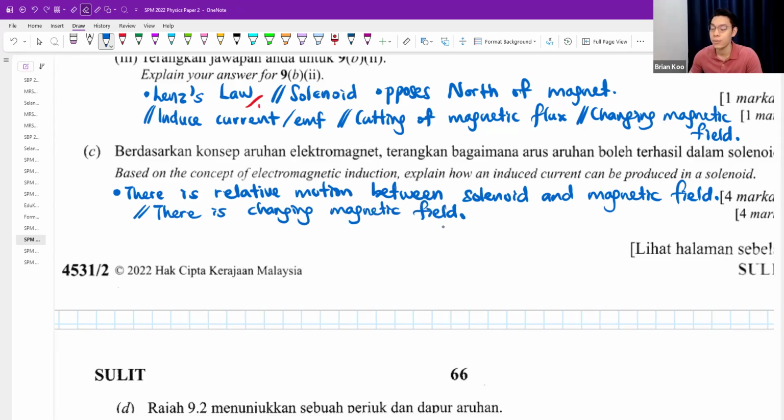Because when you move your magnet in, out like that, for the solenoid, it feels like the magnetic field is sometimes stronger, weaker, because you go closer, further. And also the direction keeps changing, the magnitude keeps changing. Because there's changing magnetic field, then there's going to be cutting of magnetic flux.